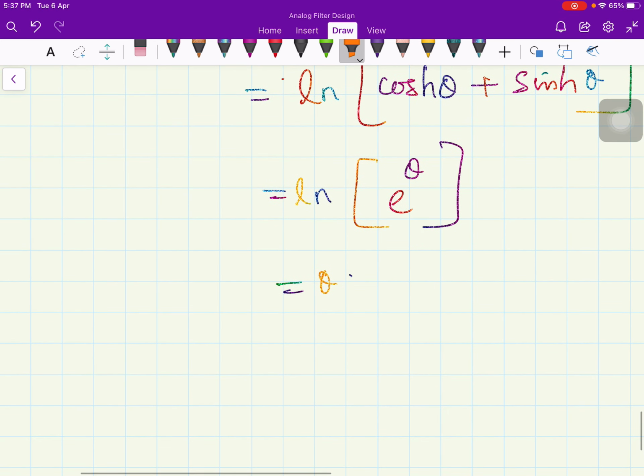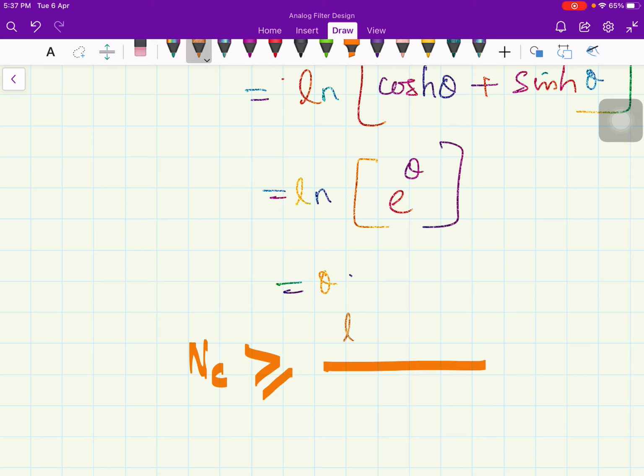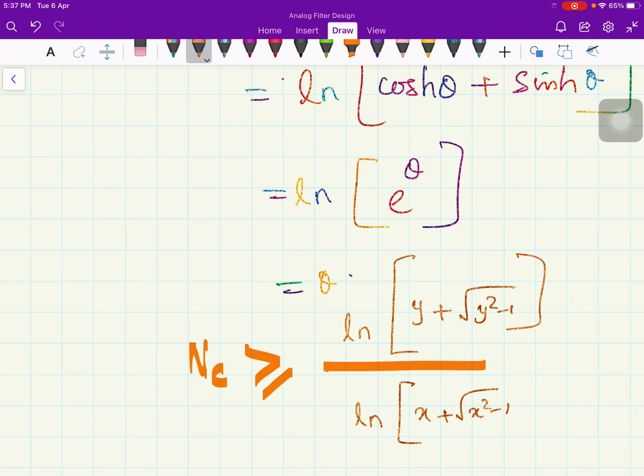Therefore your n suffix c is greater than or equal to, in the numerator, ln of y plus square root of y squared minus 1, and in the denominator, ln of x plus square root of x squared minus 1.